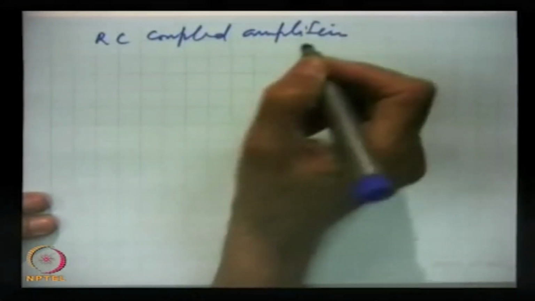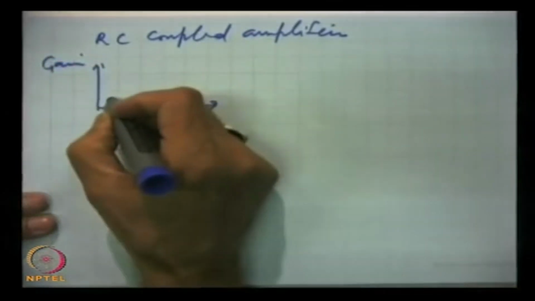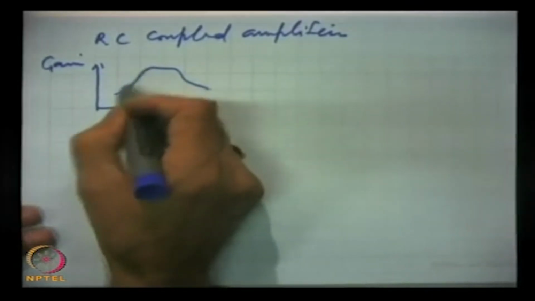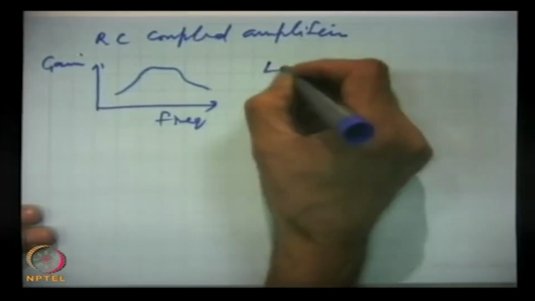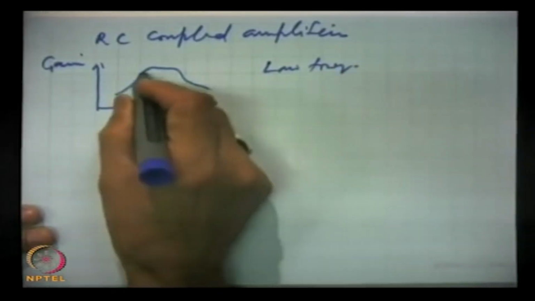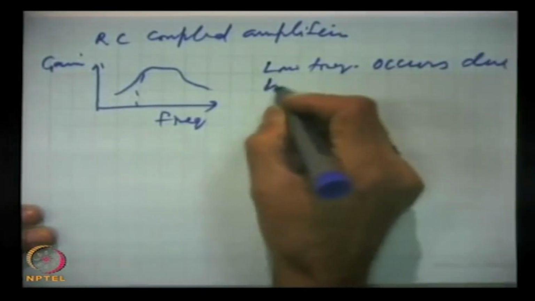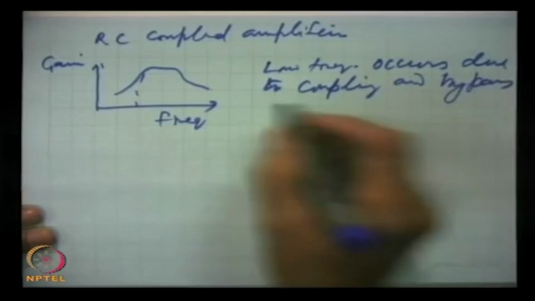There are RC coupled amplifiers, which we have studied, where the gain versus frequency response is like this. The fall at low frequency occurs because of the coupling and bypass capacitors.